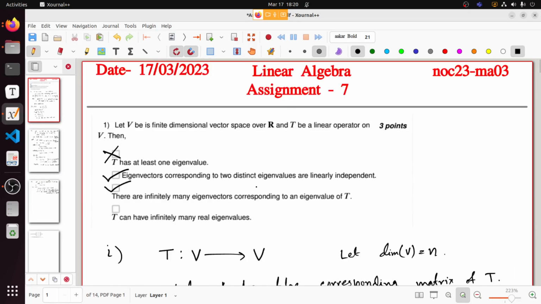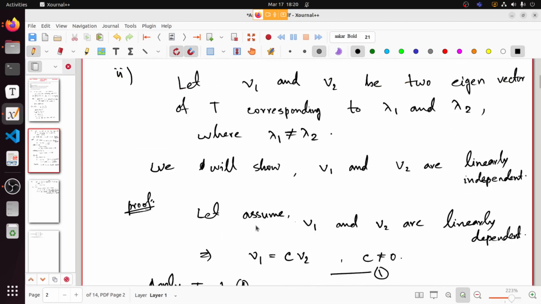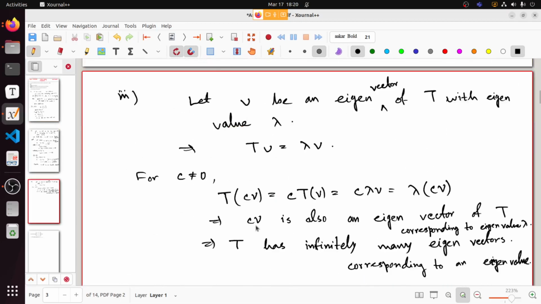Now what is option number 4? T can have infinitely many real eigenvalues. So it's saying that T has infinitely many real eigenvalues.